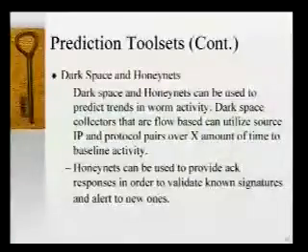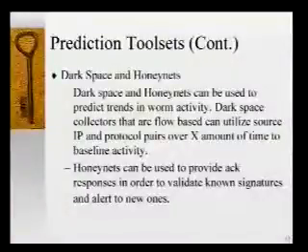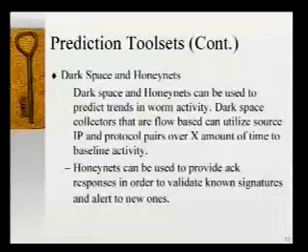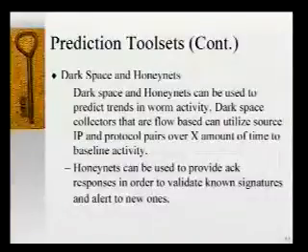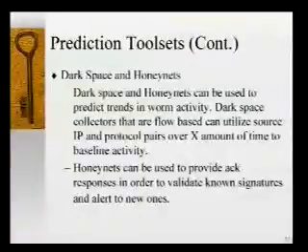Dark space and honeynets. Dark space and honeynets can be used to predict trends in worm activity. One of the tools that we use is PeakFlow, which has some dark address capability. We also have our own systems that look at dark address space. You look at unique IP and protocol pairs, and you baseline this activity. With unique ports and protocols, we get roughly about 10,000 hosts per hour, and that can easily be translated into 5 minutes or whatever you want to base it on.